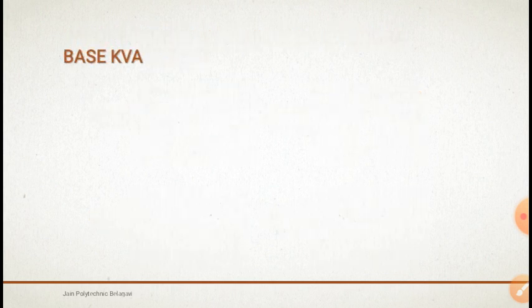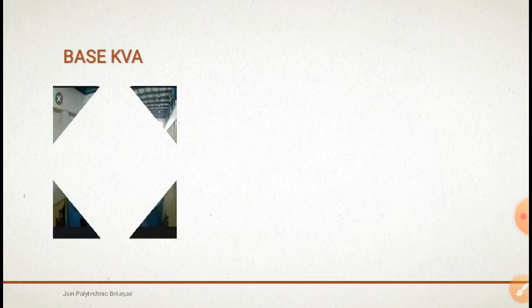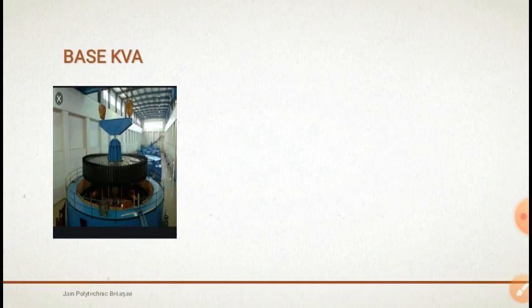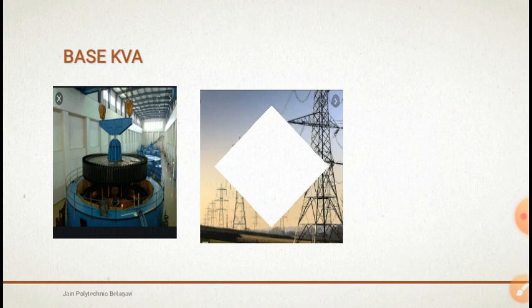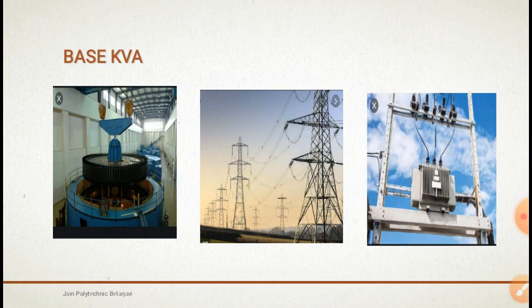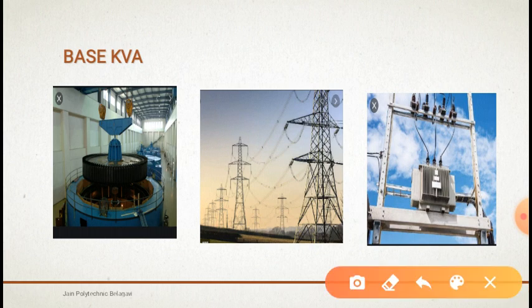The next one is about the base kVA. What is the meaning of base kVA here? If a number of equipments such as generators, transformers and transmission lines are connected in parallel, their percentage reactance and resistance are also referred to their respective kVA ratings.